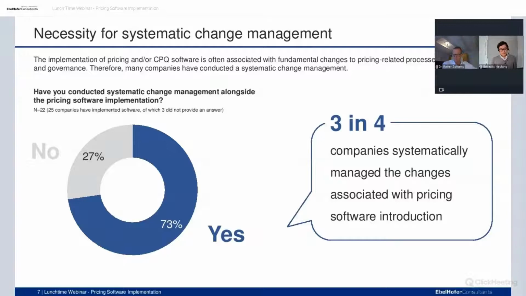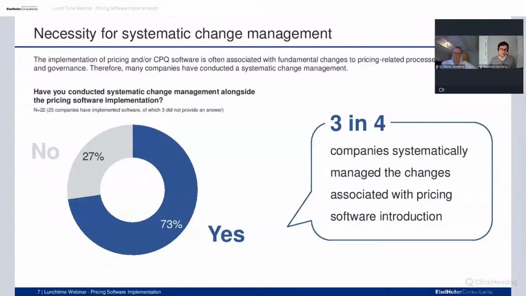And this is why we were not surprised, because this is something that is shared in the industry. That is what colleagues talk about and exchange on. So we weren't surprised to see that quite a few companies actually engage in a systematic change management.